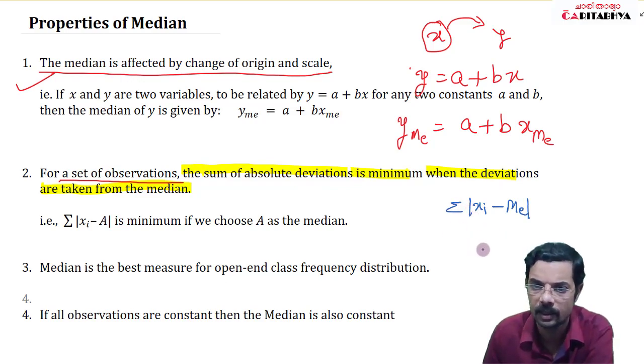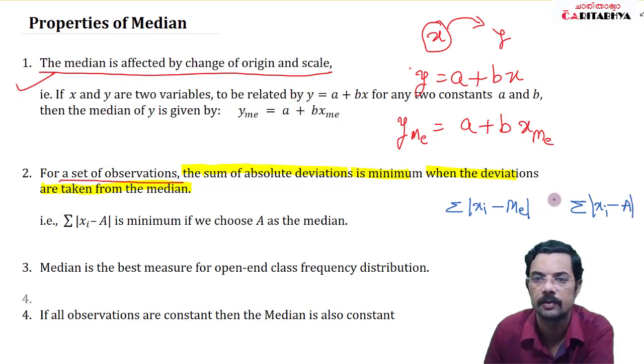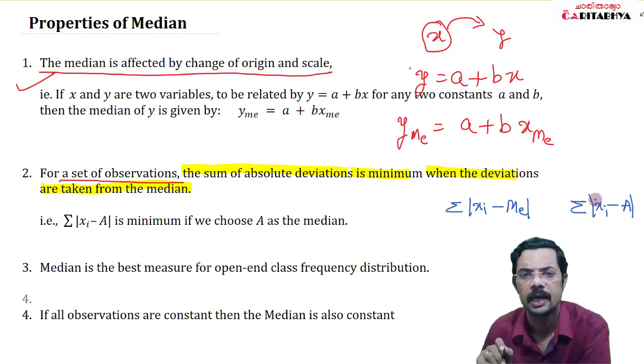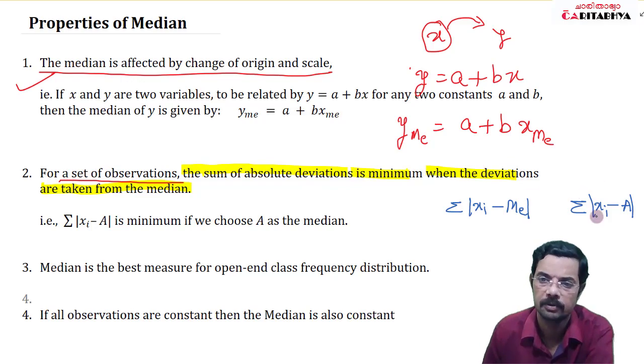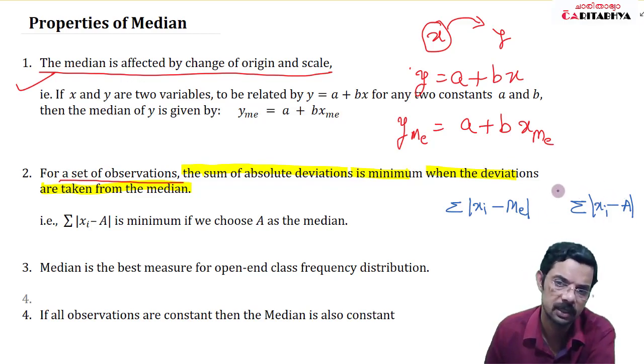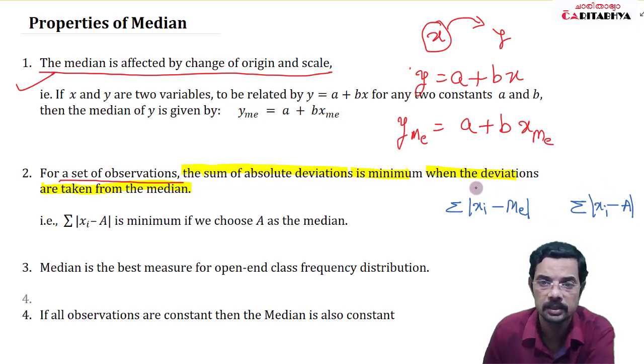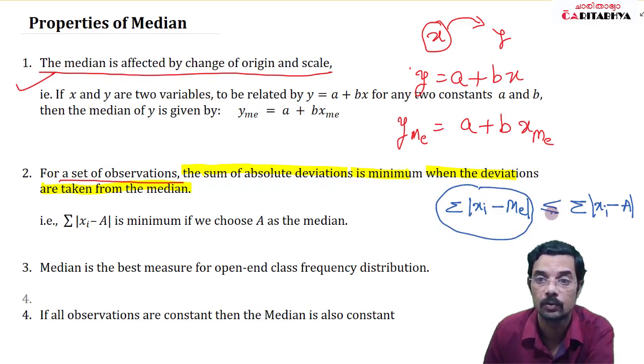Instead, if we take the sum of the absolute values of the deviations from any other value, then the median-based sum will be the minimum out of all these values. That is what we mean.